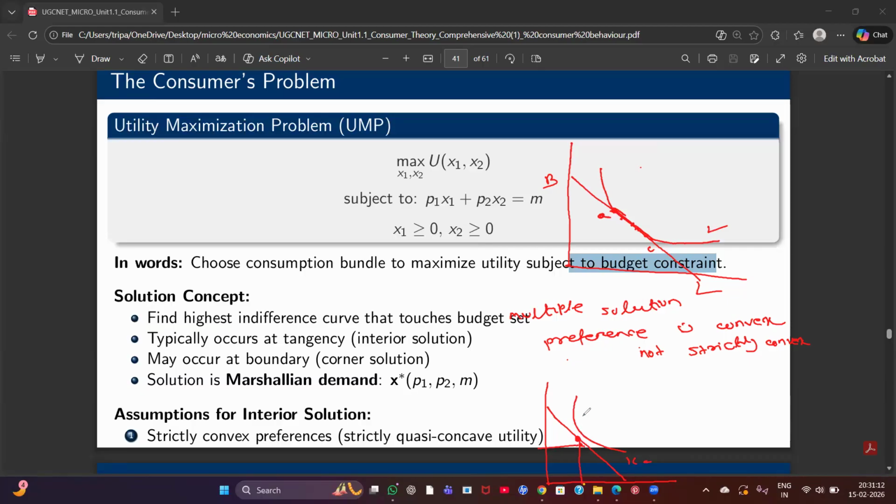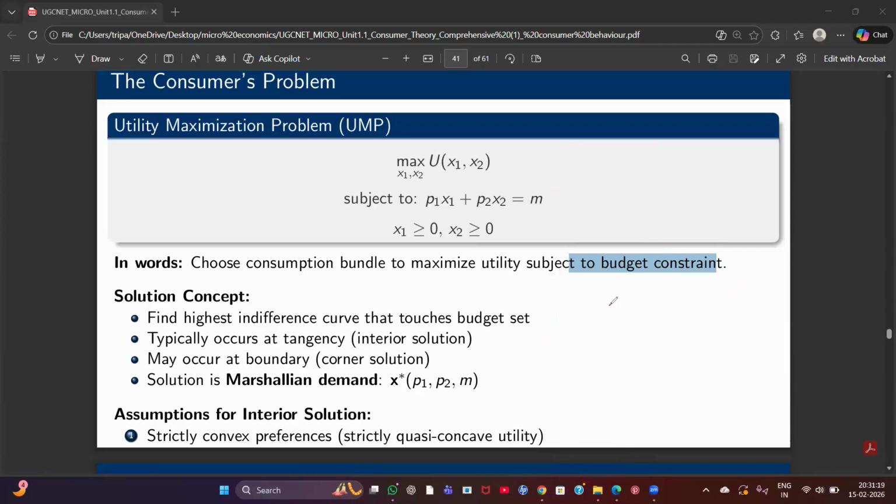Sorry, my indifference curve is above it. Let me draw it correctly. Here, it will be like this. It's a budget line and my indifference curve. The tangency between my IC and the budget line will be at a unique point. If the tangency is at a unique point, the solution will be unique.